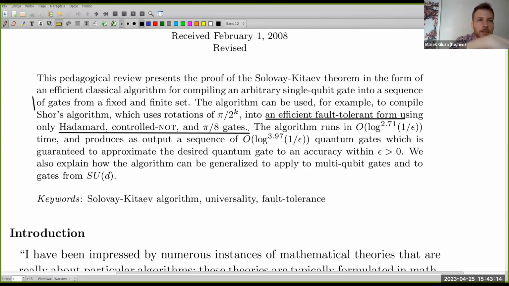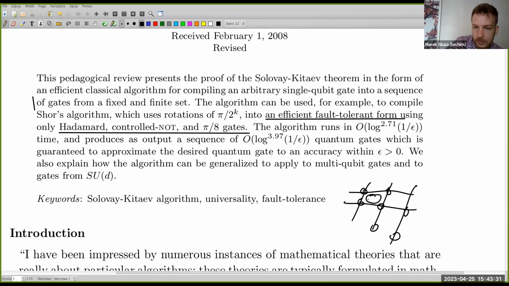Basically, what's going on in the background is that if we have a surface code and we have some measurements on the qubits, sometimes measuring here and sometimes here, then we will protect the encoded state.